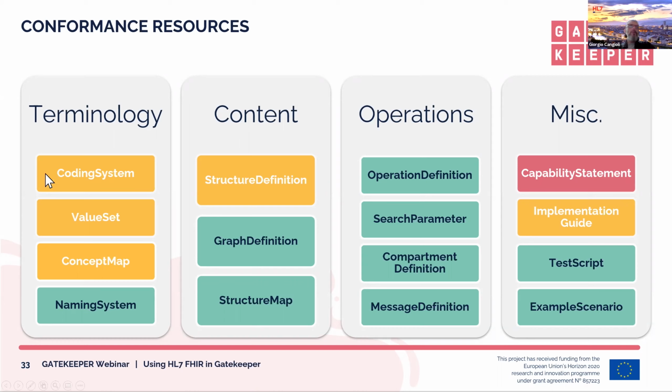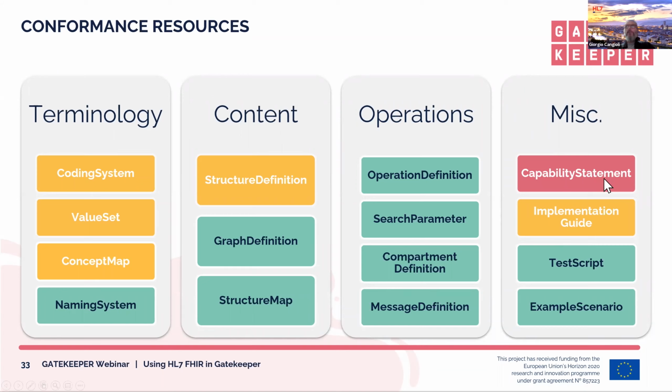Then there are ValueSet resources that say, okay, these are the types of terminology, these are the value sets that I will use in my context. You may have ConceptMap that allows mapping different value sets. Then we have an implementation guide that can be used to collect all this information together for a specific scope.